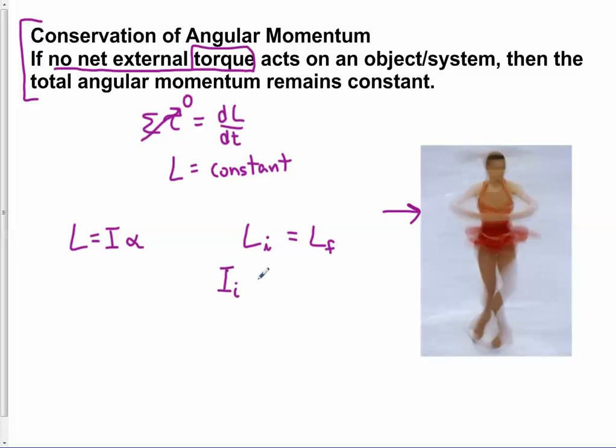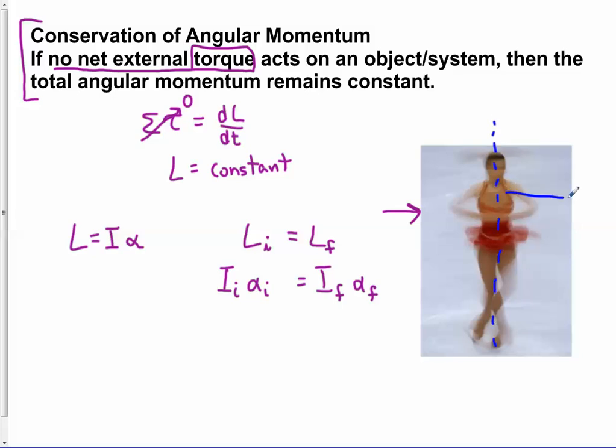So L is I times alpha. So the initial I times alpha has to equal their final I times alpha. It has to be the same. What's going on is when their arms are out, that means some of their mass, at least, is out further away with bigger R. Remember, this is their axis.